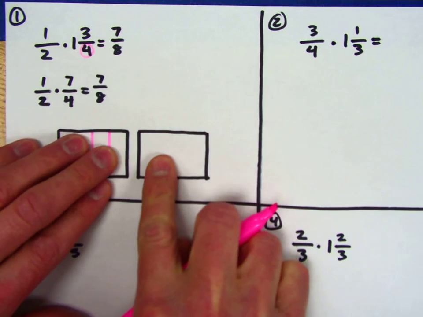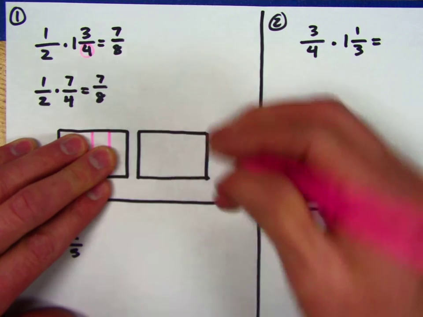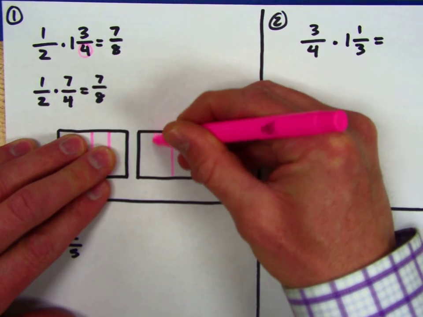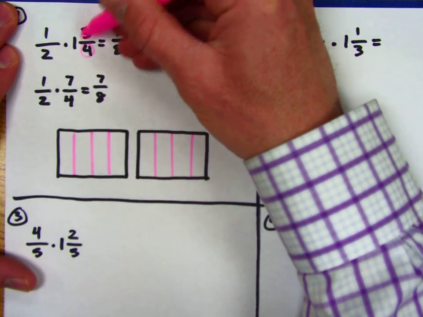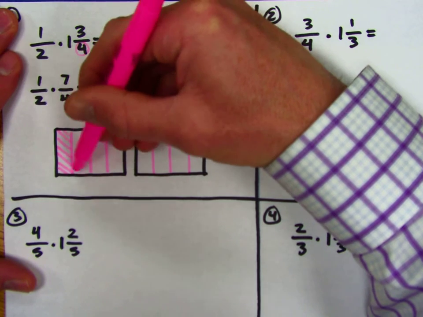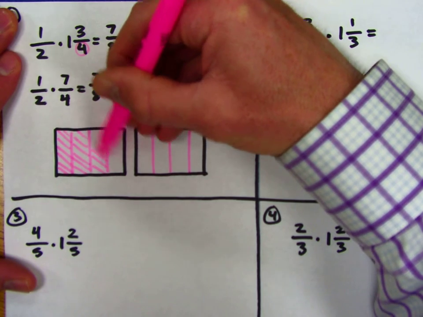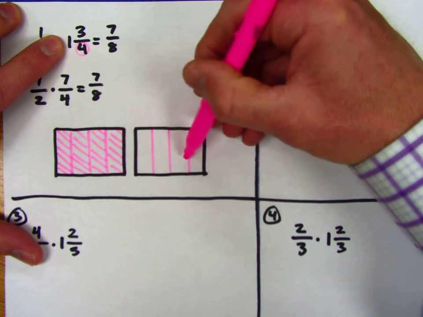But I've got this other whole here, and since it's attached to it, I have to show quarters on this one also. Okay, now if it's 1 3/4, that means I have 1 whole, there's my 1 whole, and I have 3/4.